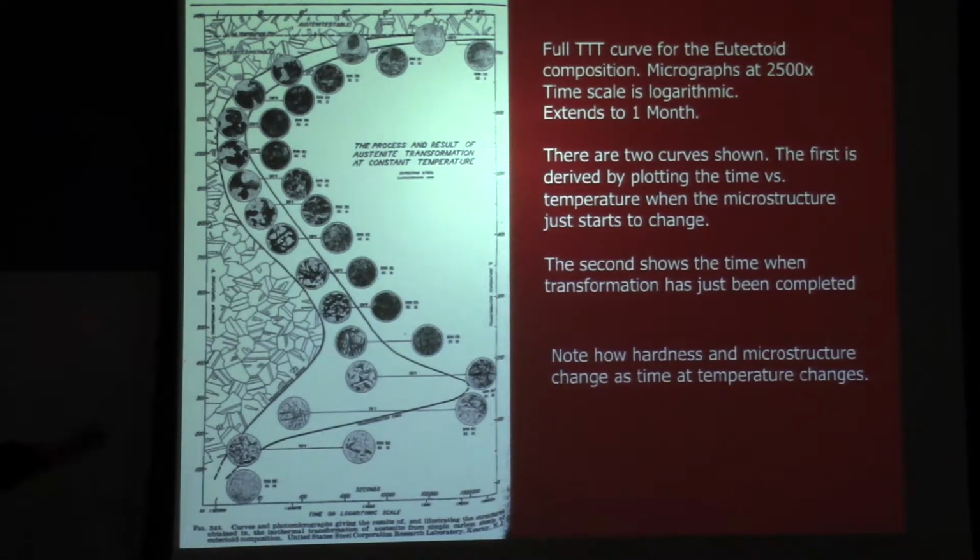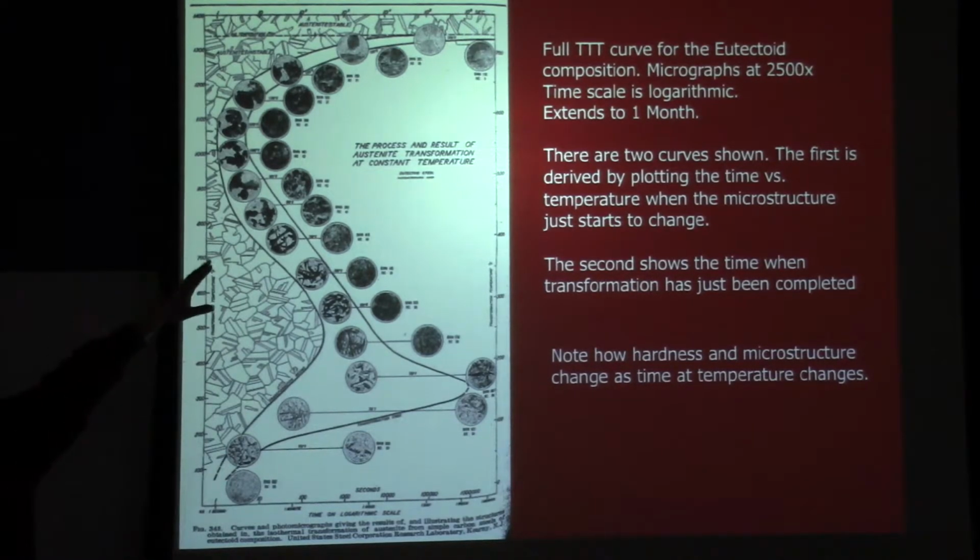I know this is hard to see, so I actually sectioned this to look at individual components of it on different slides. But we can see that initially, if we cool to just below the austenitizing temperature, the AC1, and we hold and then we quench, we get soft, pearlitic structures.